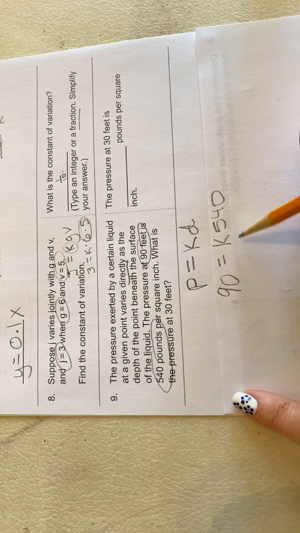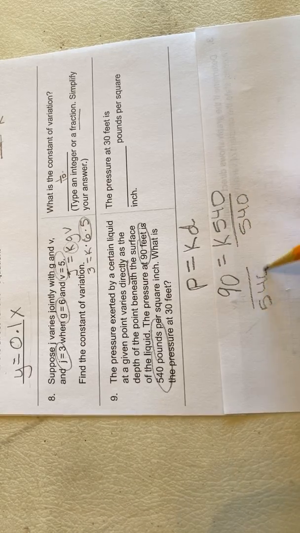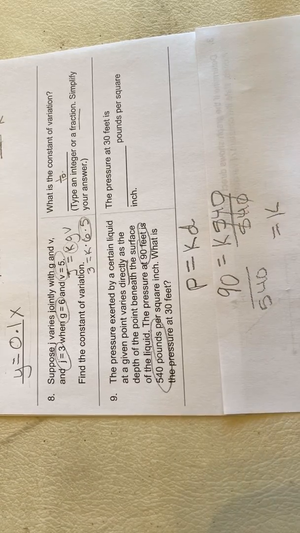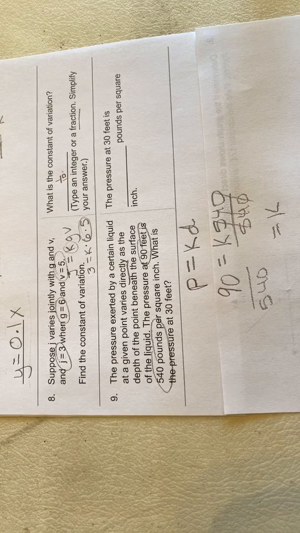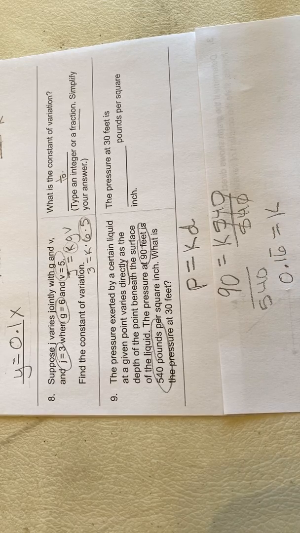So I'm going to divide by 540 to find K. So this cancels, and I will have K equals, what is 90 divided by 540? You can come up with a decimal or a fraction, it really doesn't matter. And the 6 repeats. I know in your TI-30s you can have a fraction, but I don't have a TI-30 right now. But I guess it would just be 1/6.